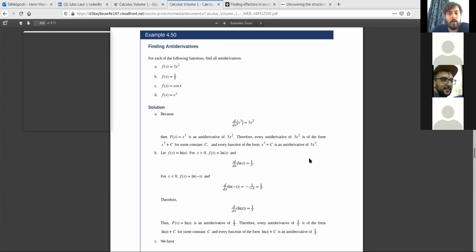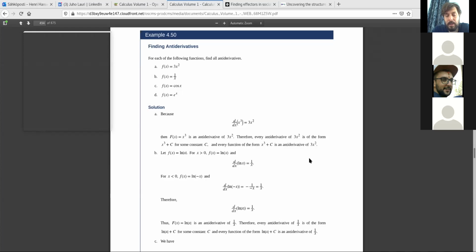And think about 1 over x. Well, we already saw that if we take the logarithm of x for positive numbers, that results in 1 over x as its derivative. And if x is negative and we take the logarithm of minus x, then that's actually minus of 1 over minus x, and that's 1 over x.